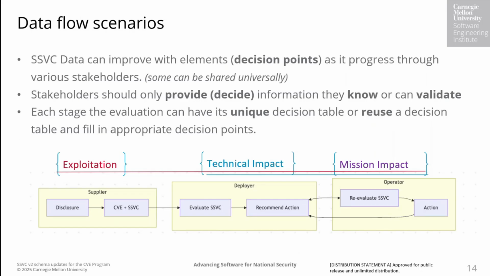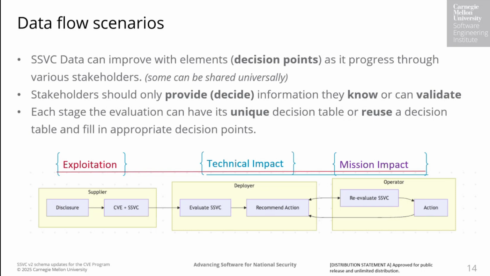So here's an example of data flow scenarios where somebody like a supplier might know very well, with a well defined understanding for everybody, what a particular decision point like exploitation may be, because it's publicly known or not known that there's an exploit available for this vulnerability. Something like technical impact will be closer to a deployer, and an operator might have even more information on mission impact, which is an extension of the technical impact to their mission, depending on the human impact and the social impact or financial impact.